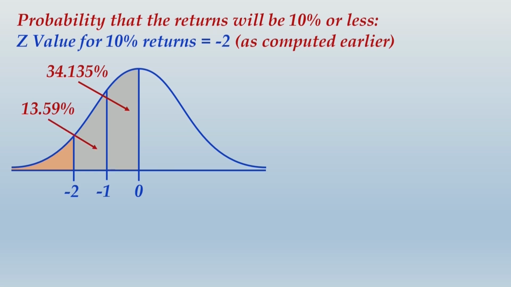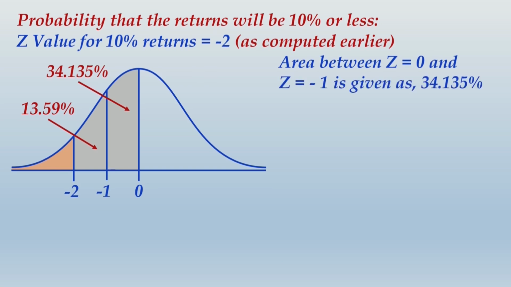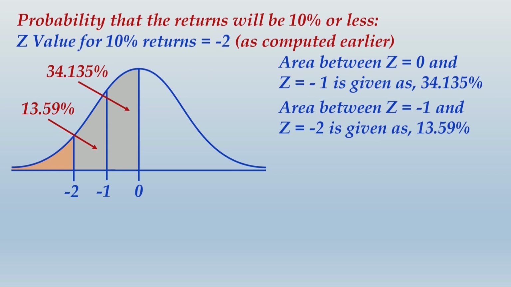34.135% and 13.59% respectively. We also know one thing, that from 0 to the extreme left tail, the area is 50%. So from 50%, if we subtract this gray area, we will be getting the balancing area as this required area. Therefore, we can conclude that the area between Z equal to 0 and Z equal to -1 is given as 34.135%. Between Z equal to -1 and Z equal to -2 is given as 13.59%.